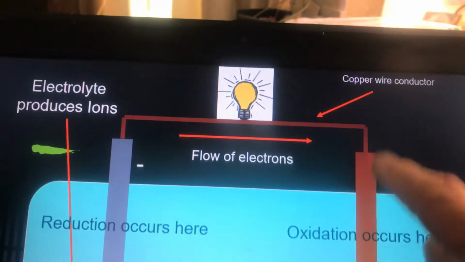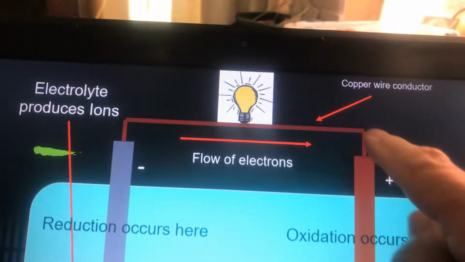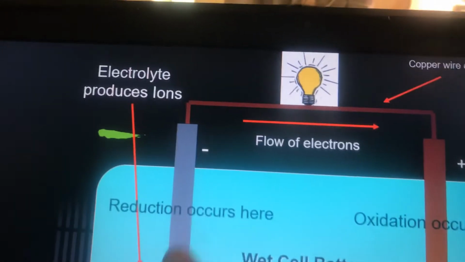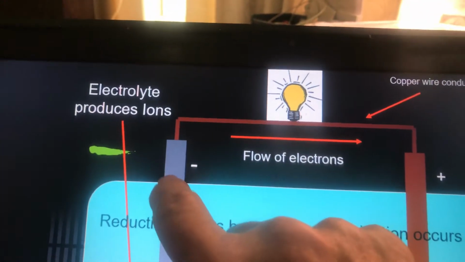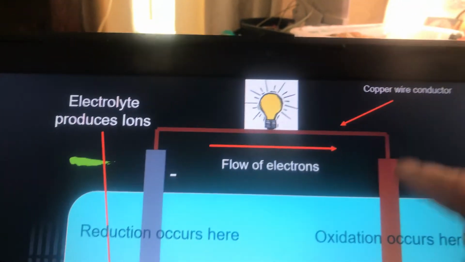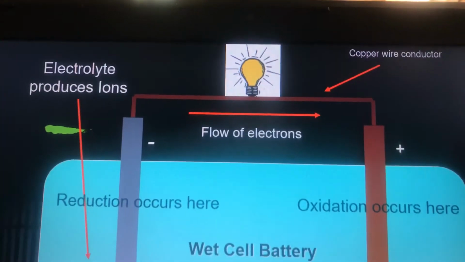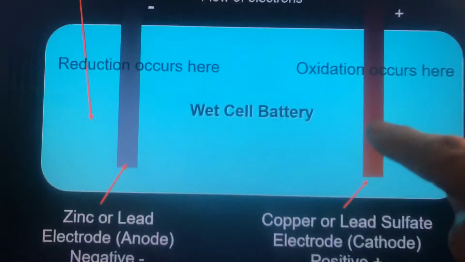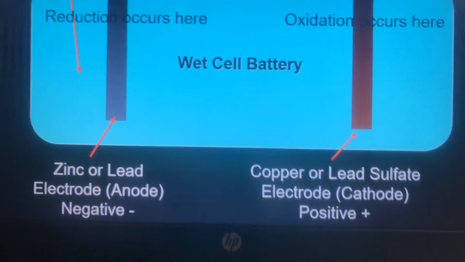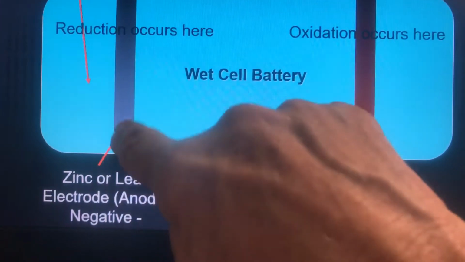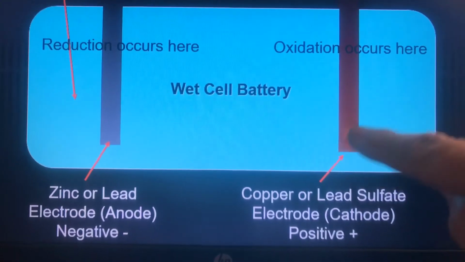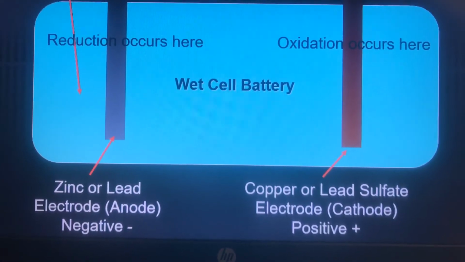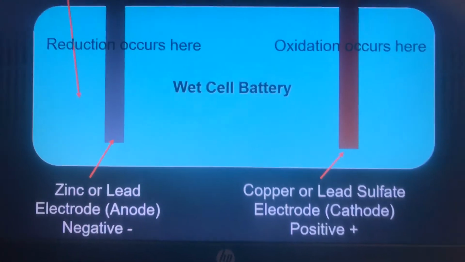So you have the connection between the two, and the flow of electrons. Reduction creates a flow of electrons, and when you make that connection, oxidation occurs. These are either zinc or lead anodes, and these are copper or lead sulfate cathodes. This is positive.